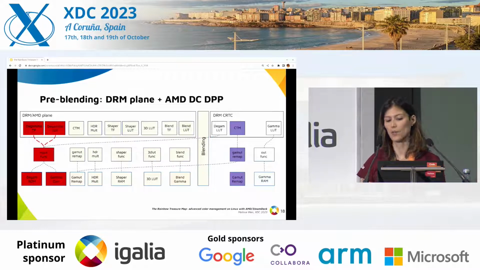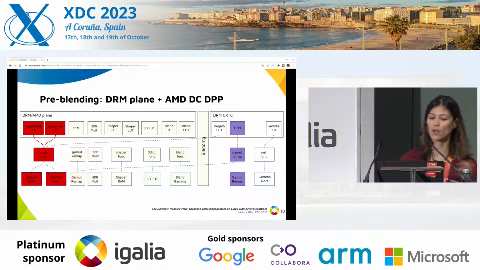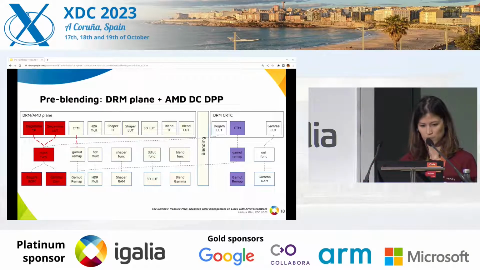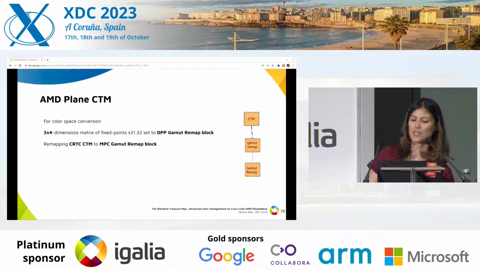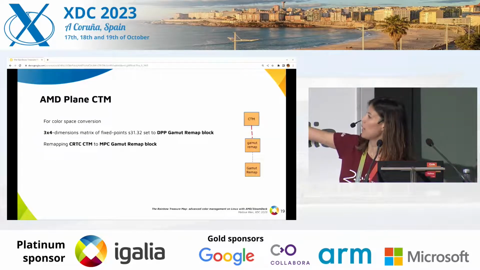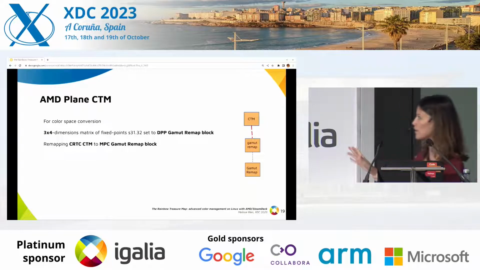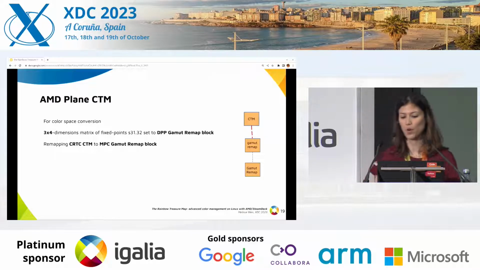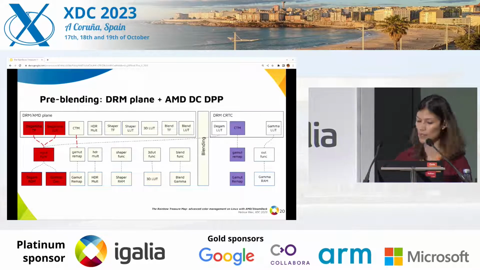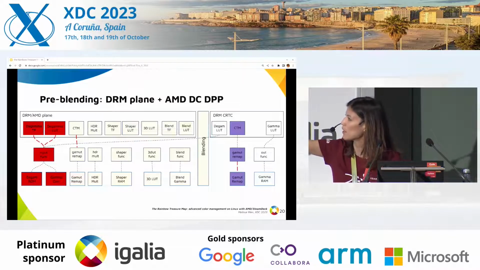And now we will introduce the next one, the color transformation matrix, CTM, for color space conversions. It's a 3x4 fixed point matrix that goes to the DPP gamut remap. But here we need to pay attention, because there was a trap: both post-blending and pre-blending were going to the same block, the pre-blending gamut remap.